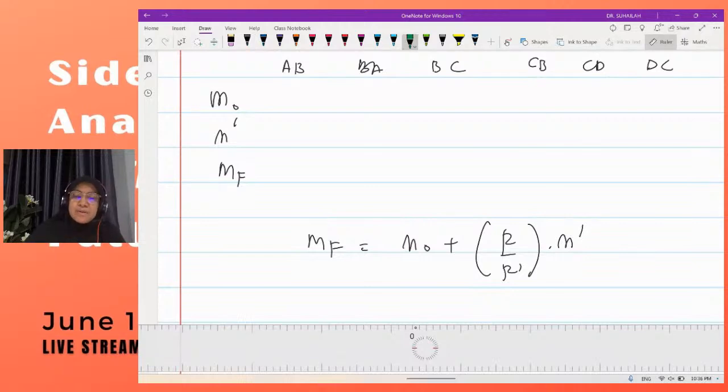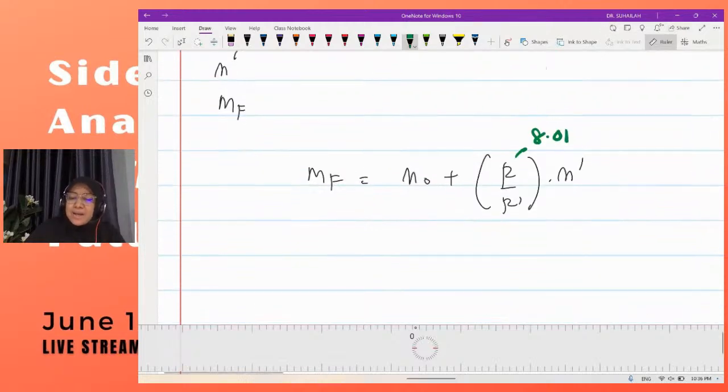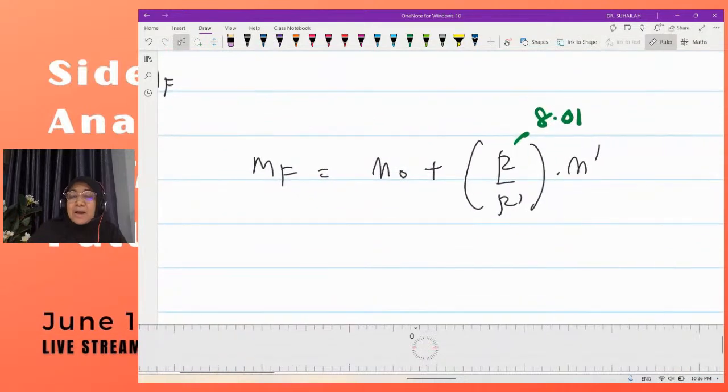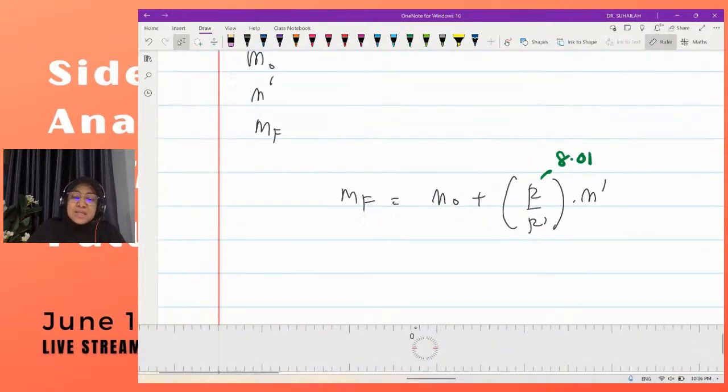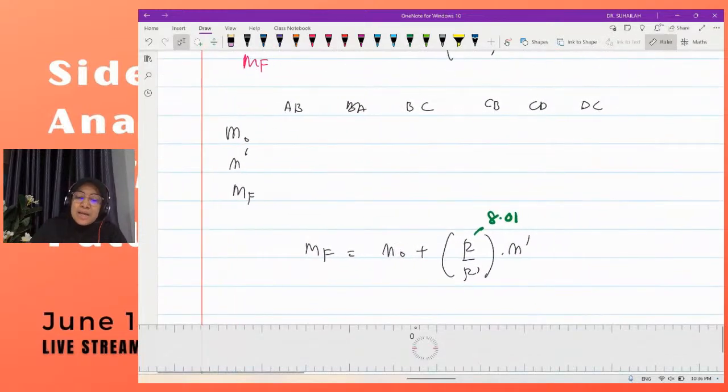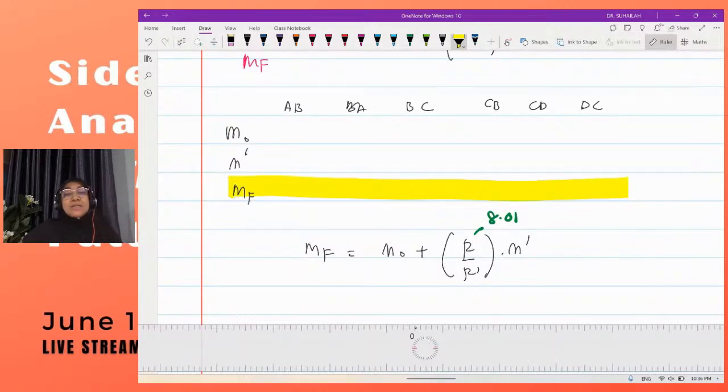Of course, after you have determined R, tadi 8.01, right? And then you repeat the same and you will get R prime values. Then you get the correction factor. So use this to calculate the final end moment values.